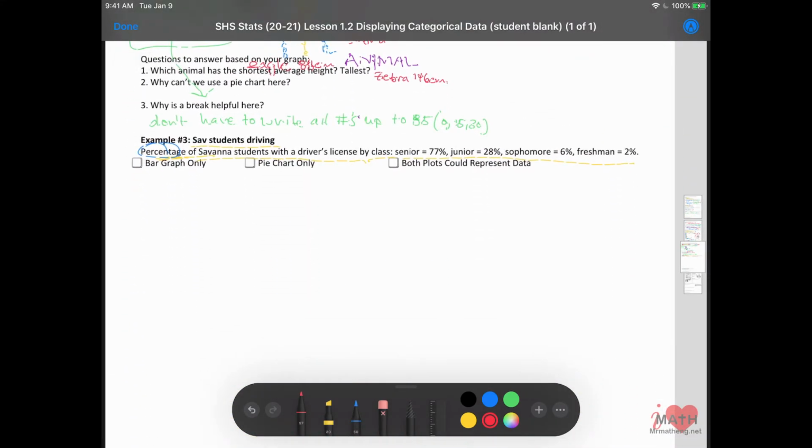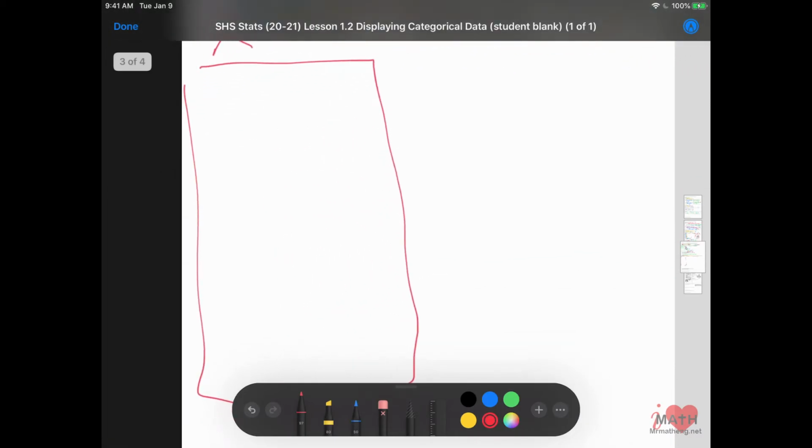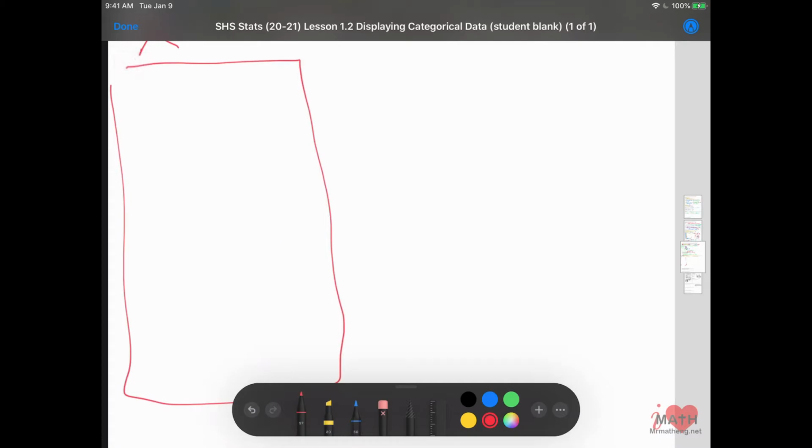So in this case, a pie chart is not appropriate.